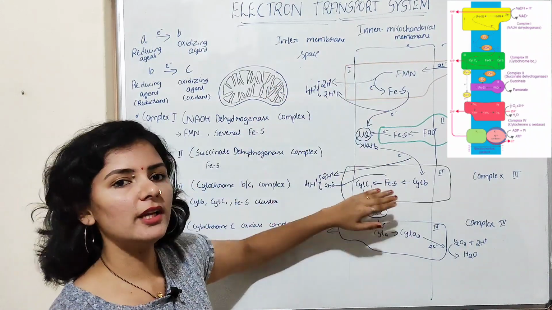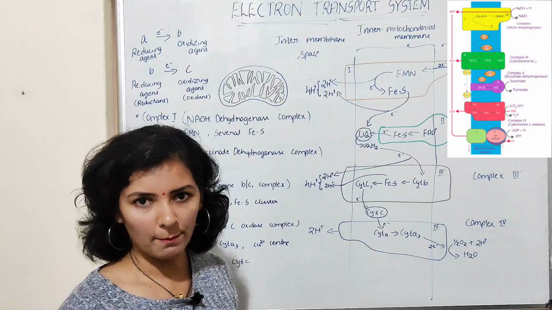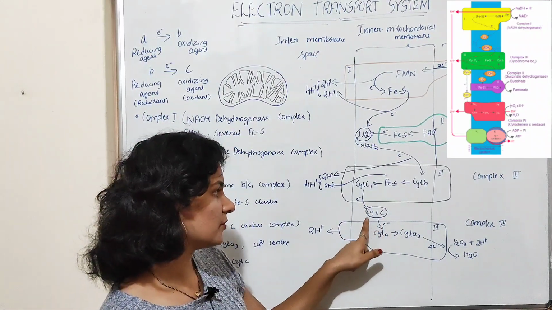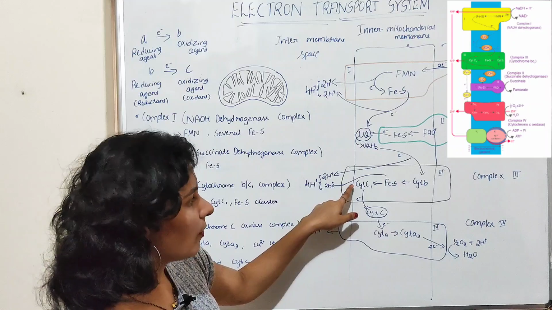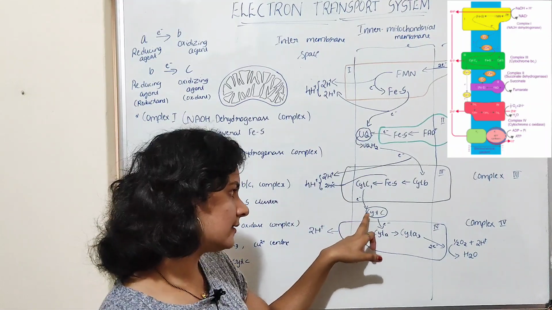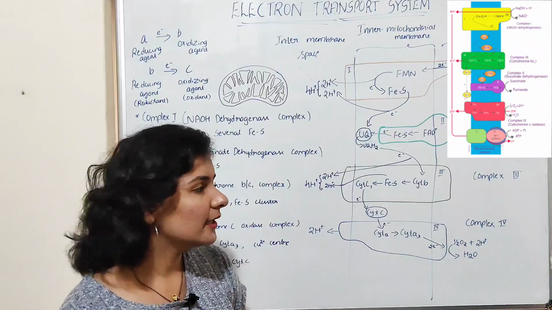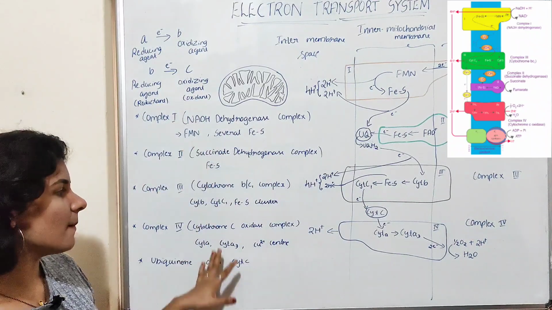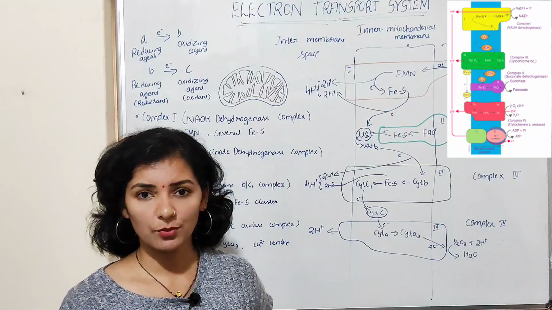Another one is cytochrome c, which is present between complex 3 and complex 4. This mobile carrier will transport the electron from complex 3 to complex 4. So these are the components of the electron transport system.